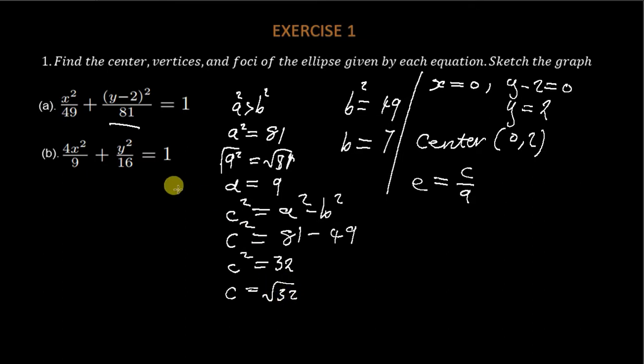We've managed to find A, B and C, so what we just need to do now is find the vertices. When finding the vertices, you need to first identify whether this ellipse is in the x or in the y. If the value of A is under y, like in our case, this simply means that this ellipse is in the y.